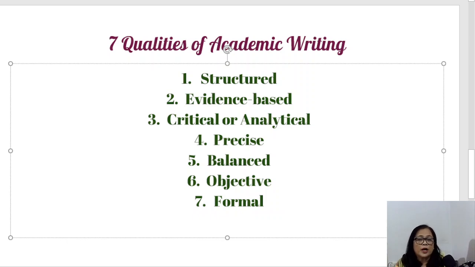So this is where journals come in, or books come in. When you take parts and pieces of information from journals, from books, and other publications, one important thing here in evidence-based is that you have to cite your sources.